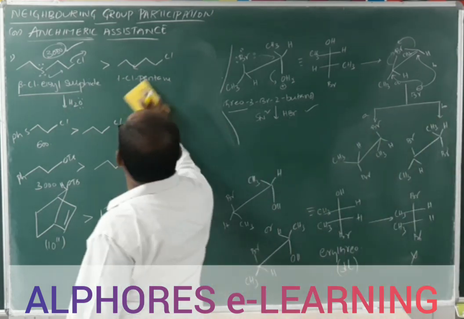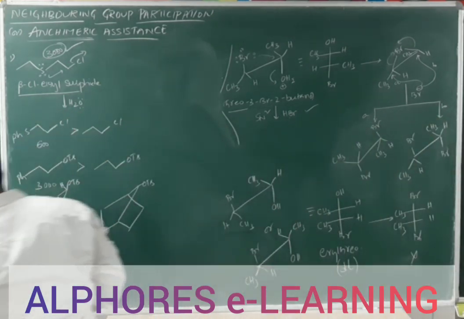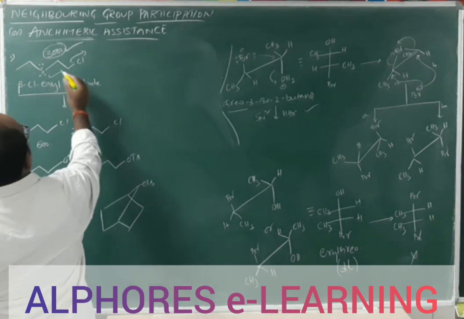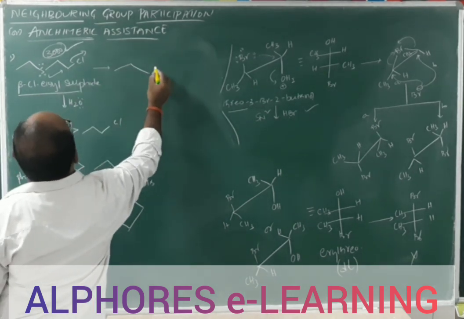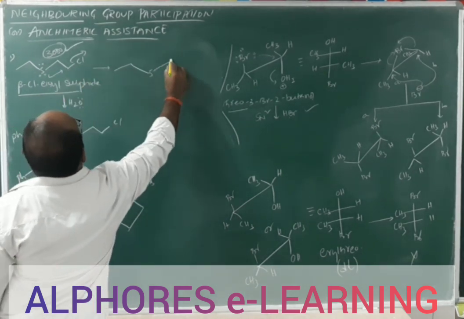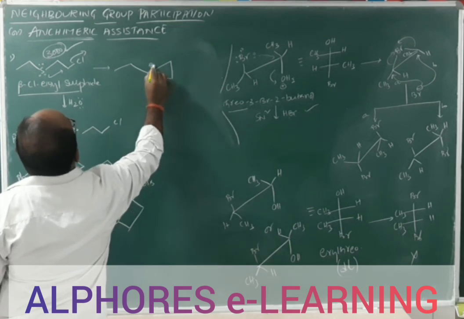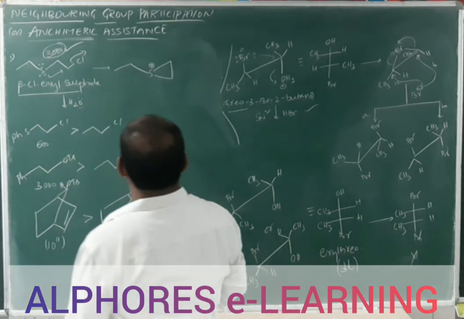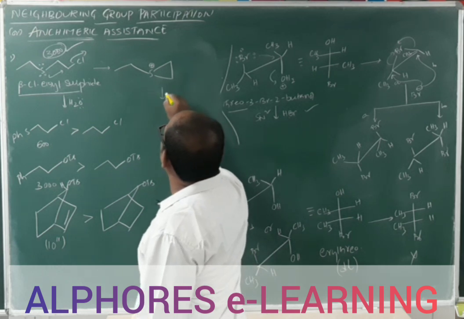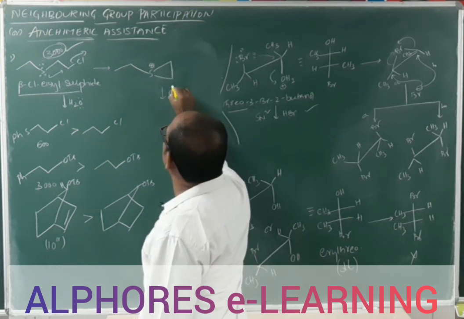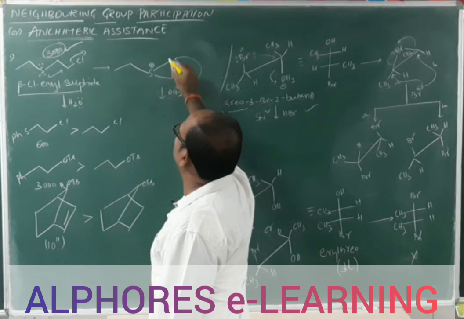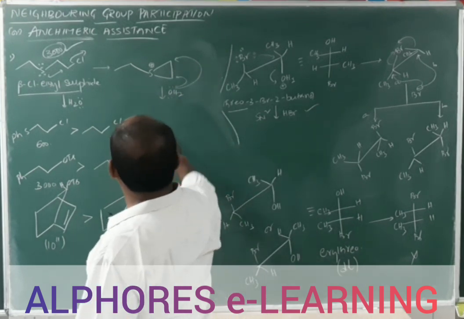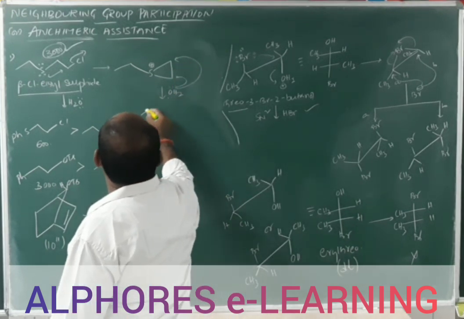Now during solvolysis of beta chloroethyl sulfide, what happened here? Sulfur reacts with this carbon, and you get a positive charge on it. Now a water molecule comes and attaches to either of these two carbons, and then you get the product.